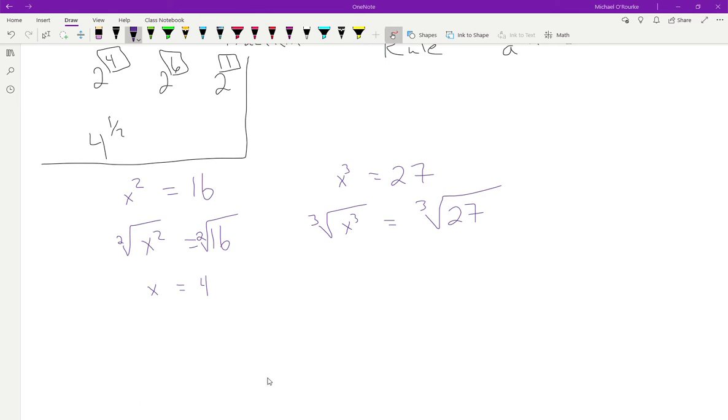If we happen to be using my most hated thing ever, the iPhone calculator, we don't have a third root here. So we'd actually have to go 3, then press this button that says x square root y, and then 27.